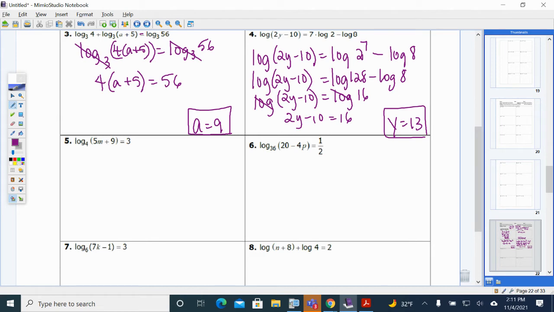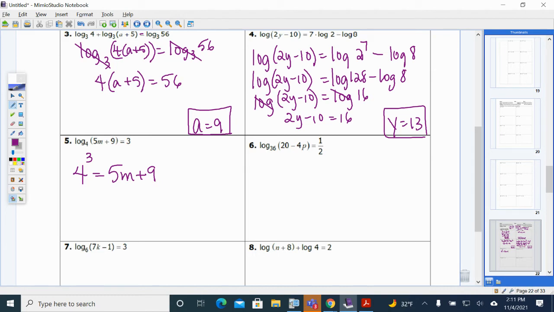Continuing on, number 5, log base 4 of 5m plus 9 is equal to 3. So this is one of the ones where there's not a log on both sides. There's only a log on the left side. So the strategy here is to change it to exponential. So rewriting this in exponential form, it's going to read 4 to the third power is equal to 5m plus 9.